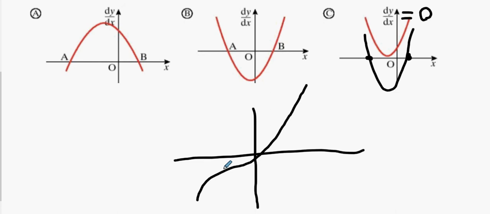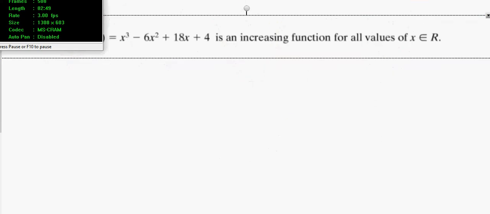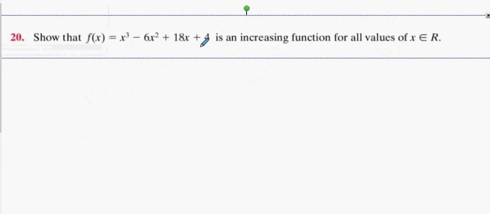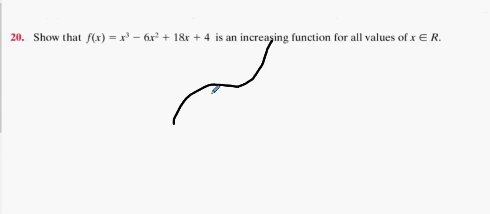And does this one have any turning points? In fact, I'm just going to go back. What we wanted to show you earlier was that this function is always increasing no matter what. Correct? So if it's always increasing, it hasn't got a max or a min, does it? Because it never decreases to have a maximum.